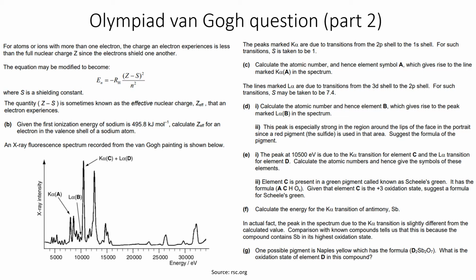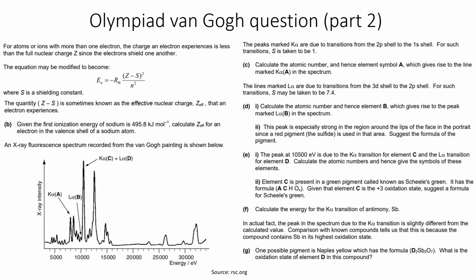And so what we're expected to do in this question is to call the energy of the electron minus 495.8 kilojoules per mole. For the Rydberg constant, we'd need to put in the kilojoules per mole value, so it'll be 1312 kilojoules per mole, because everything else is going to be dimensionless. We've got Z the atomic number, S the shielding constant, and n the shell number.